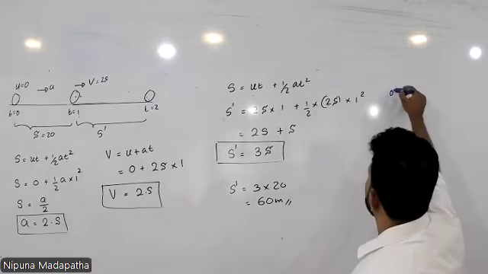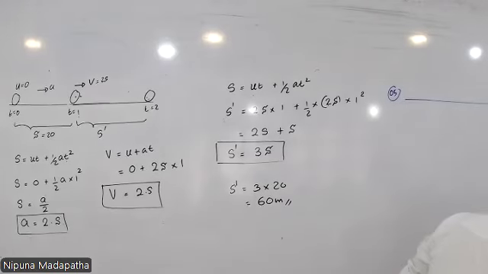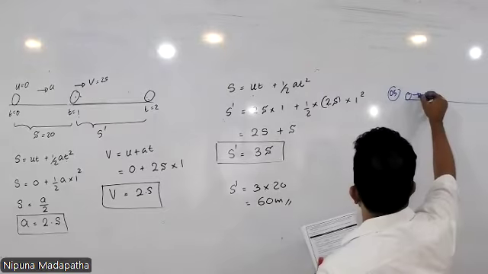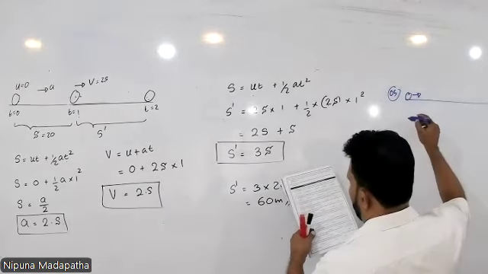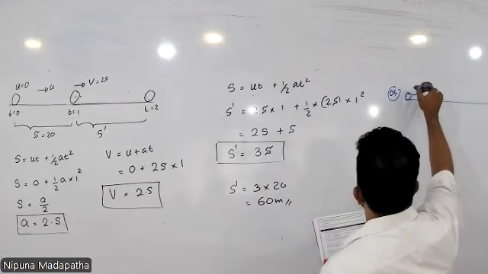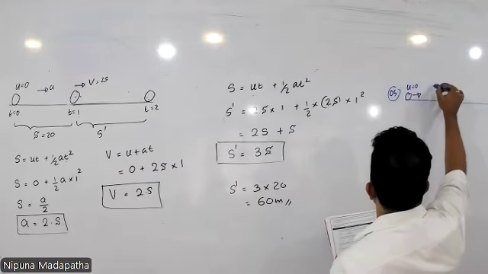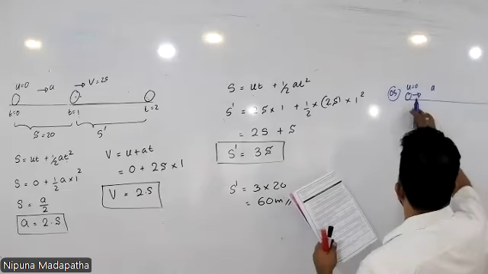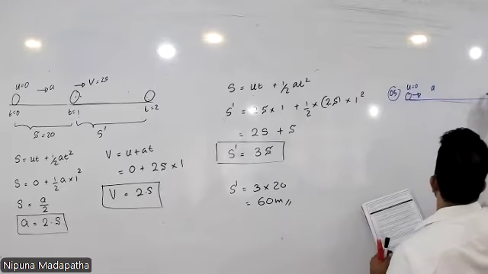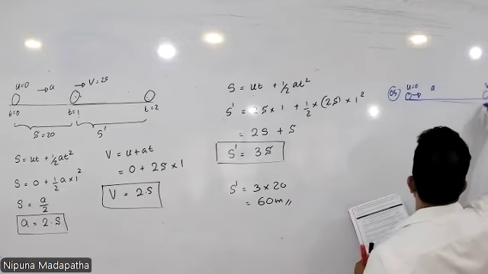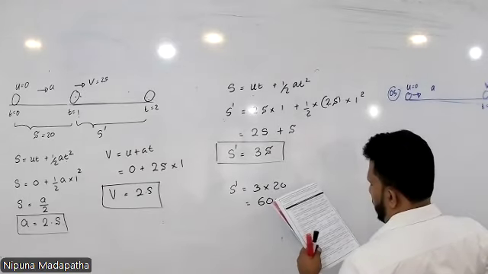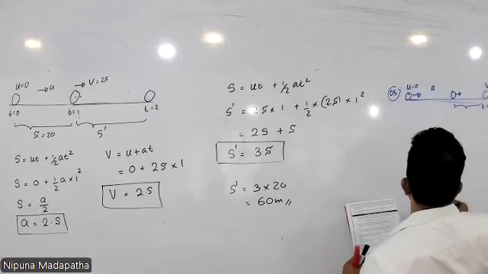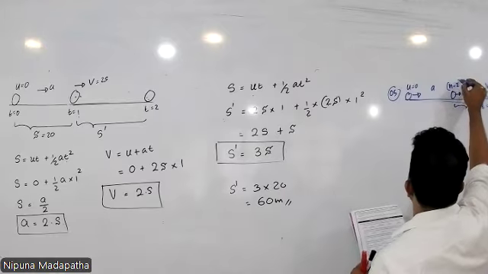Suppose the velocity after n seconds is capital V. Then the question asks its displacement in the last 2 seconds, which is from the time n minus 2 to n.